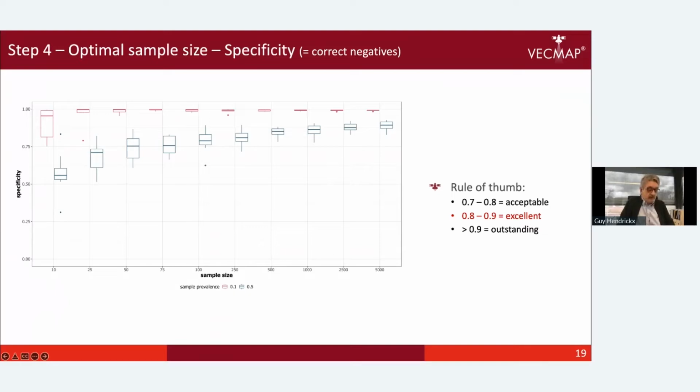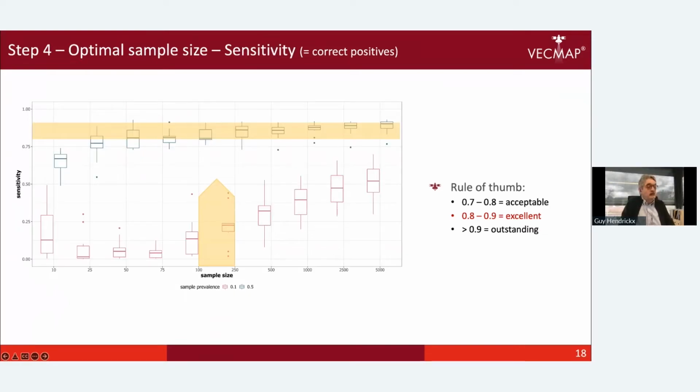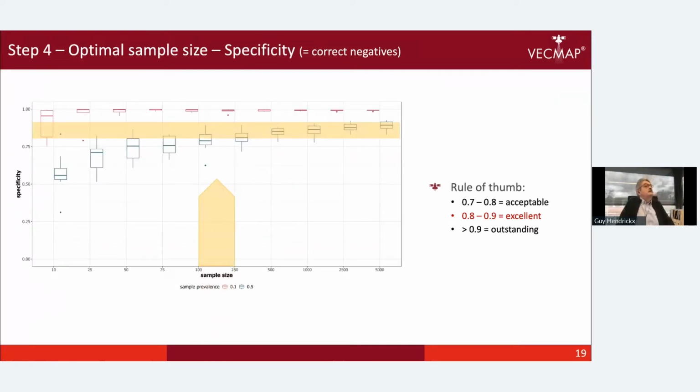The final statistic we looked at was the specificity, and here it is correctly predicting negatives. Now, not surprisingly, the unbalanced dataset is performing very well. Remember, the unbalanced dataset includes 90% negatives, so you actually are overfitting your model.